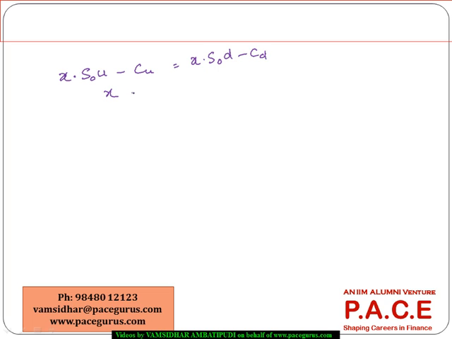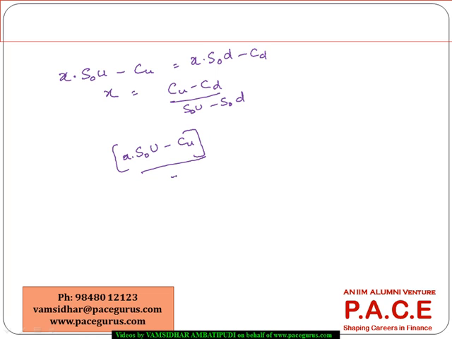So from here we arrived at X being equal to CU minus CD by S naught U minus S naught D. Fair enough, I can simplify it. But if I look at the worth of the portfolio just in terms of X itself, it is X times S naught U minus CU, and this would be the same irrespective of whatever happens to the stock price.